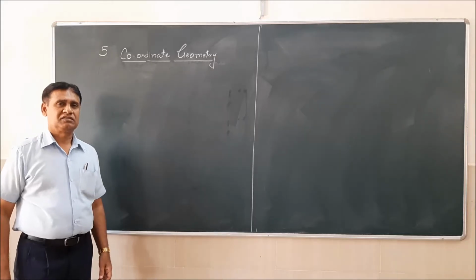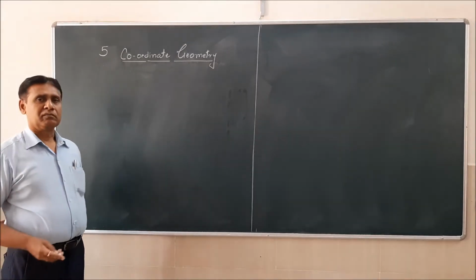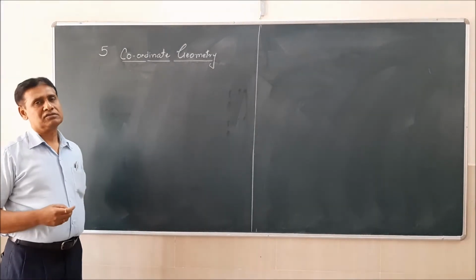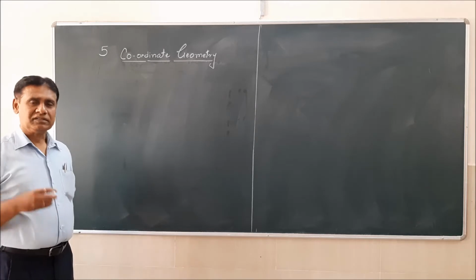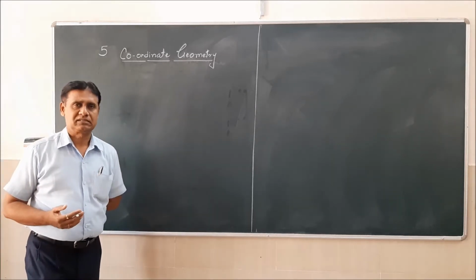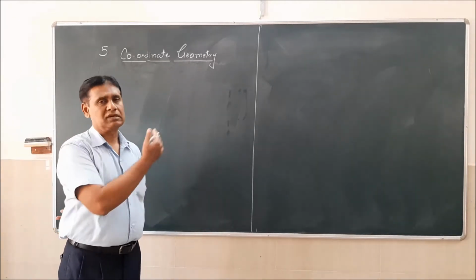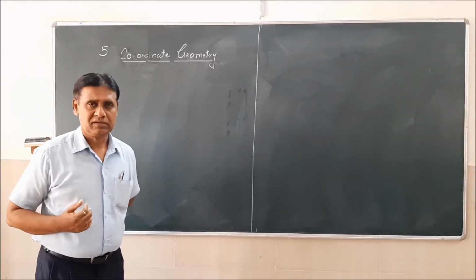Yes, students, now I am going to start chapter number 5, Coordinate Geometry. This chapter is very simple, and for your first unit test, there will be two chapters, namely mensuration and this coordinate geometry.